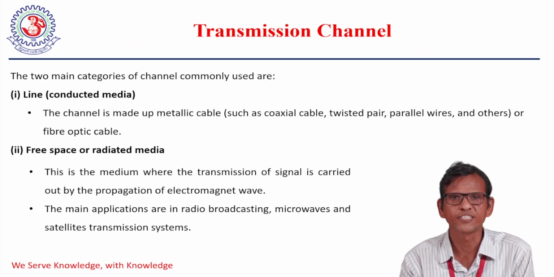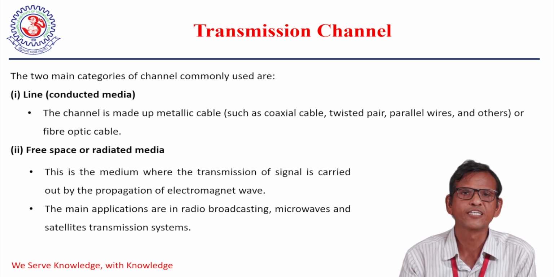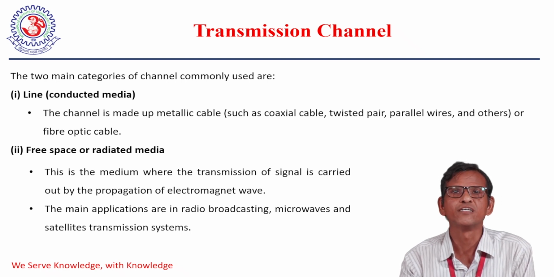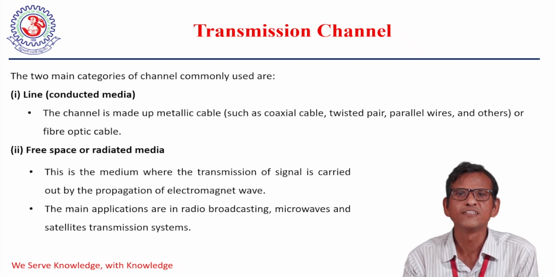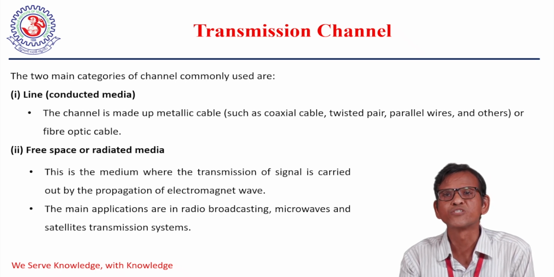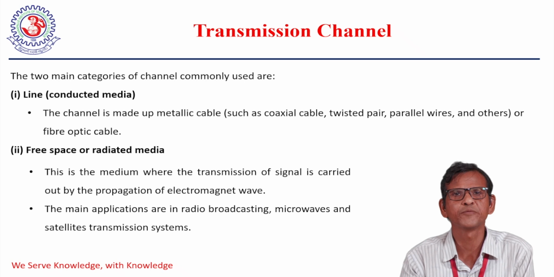If we talk about the transmission channel, we have the line or transmission line, that is conducted media, and the other is free space, or radiated media. In the transmission line or conducted media, we have coaxial cable, twisted pair, parallel wires, optical fibers, and many others.